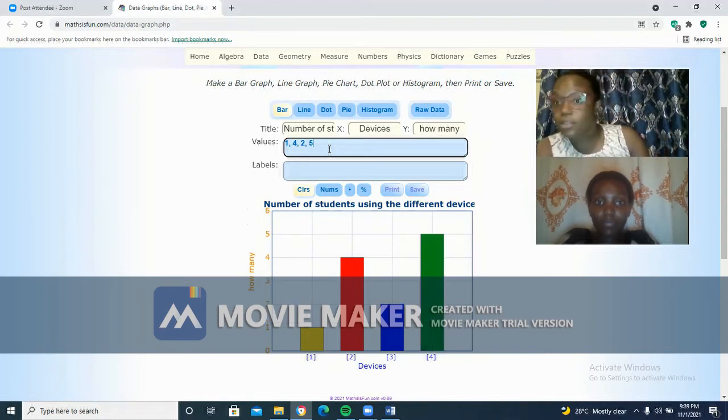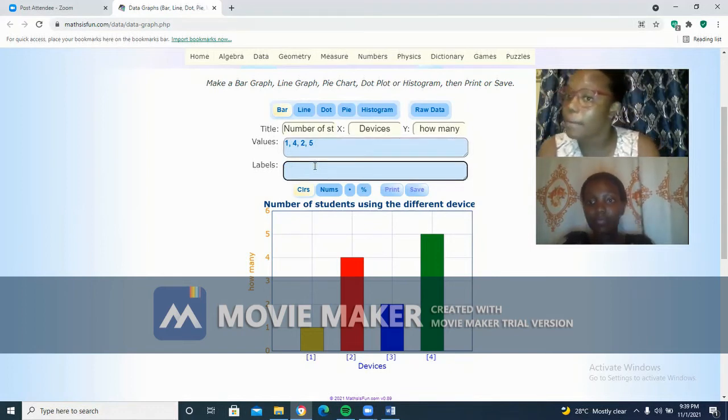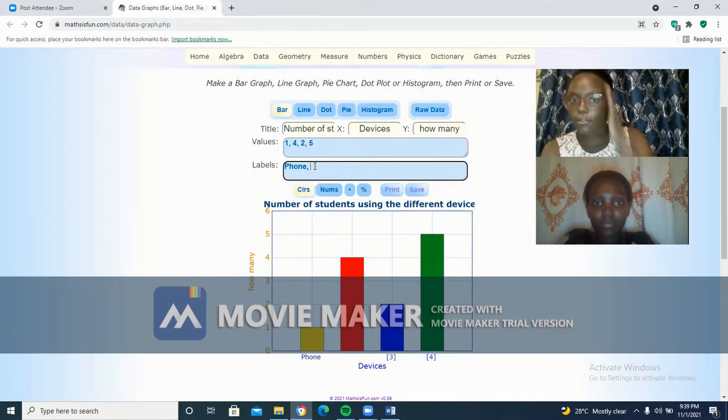Now we'll have to ensure that we put the different devices under the right amount of users. So for phone, we said we had 1 user. For tablet, we had 4 users.